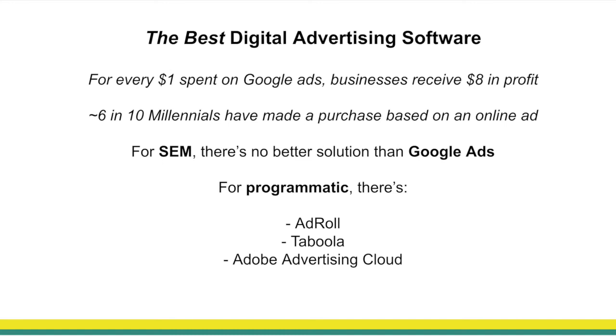So while you could log into each and every social media platform's advertising interface, you could also invest in SEM and programmatic advertising. It's a lot easier and it gets the job done. We do it here. For SEM, there's no better solution than Google Ads. For programmatic, many recommend Adobe Advertising Cloud DSP or Taboola. For most organizations, I recommend AdRoll.